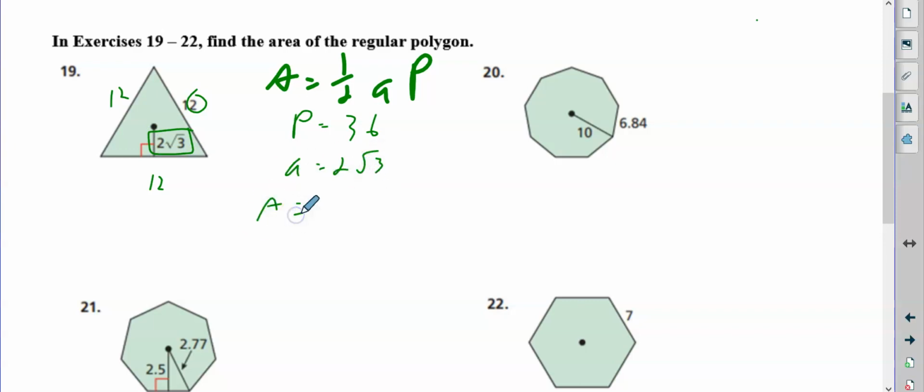So area is 1/2 times 2 root 3 times 36. So you can say half of 36 is 18 times 2 root 3, whatever, or half of 2 is 1, so it's 36 root 3, and that's your answer, 36 root 3. And you can just leave it like that. You do not have to multiply it out and get a decimal.